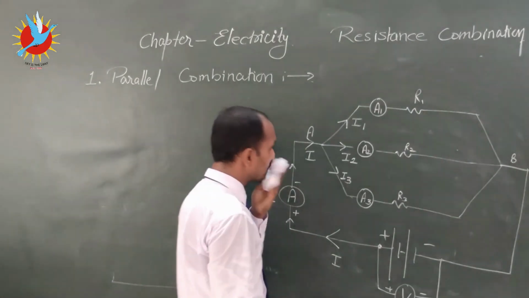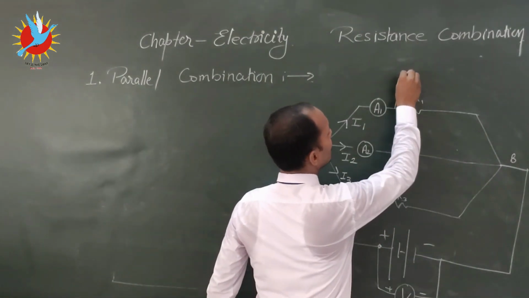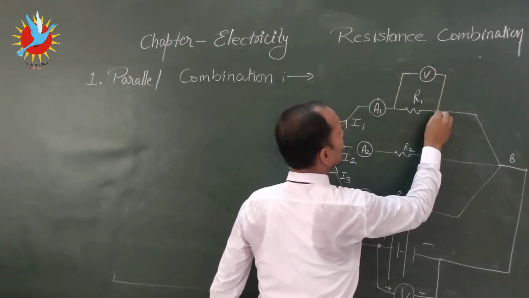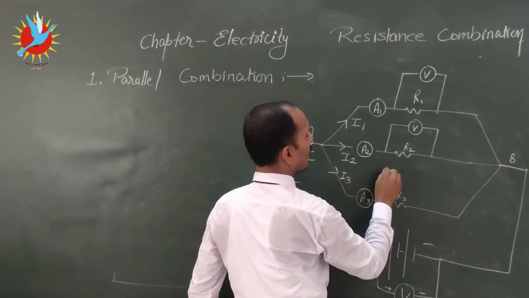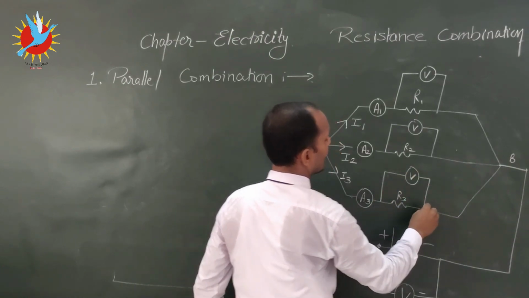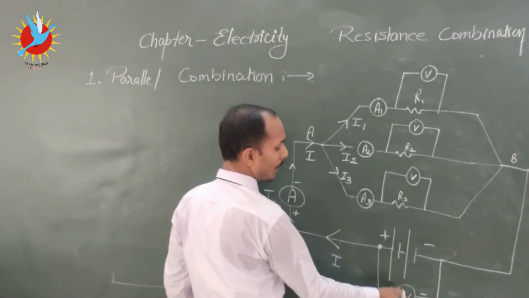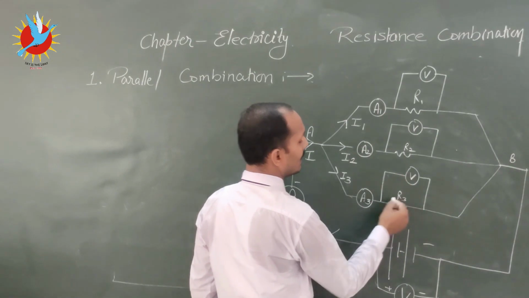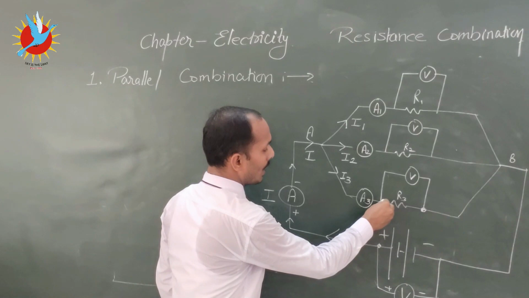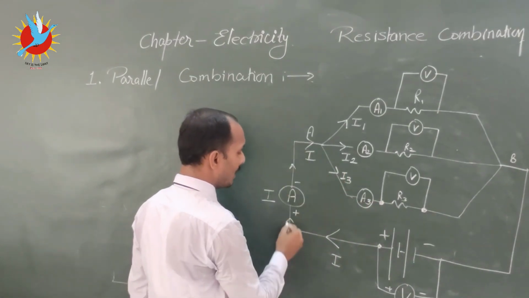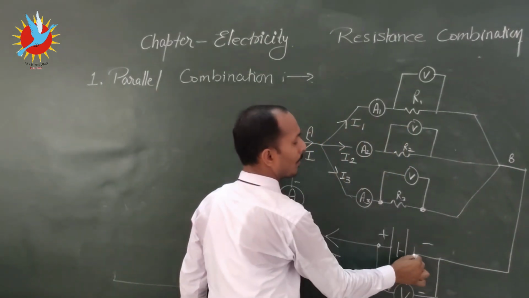Now I want to know the potential difference, so we use a voltmeter in parallel to the resistor R1, a voltmeter in parallel to the resistor R2, and a voltmeter in parallel to the resistor R3. Why do they show the same potential difference? Because each resistor is directly connected to the battery V. One end is directly connected with the positive terminal of the battery, and the other end is directly connected with the negative terminal.